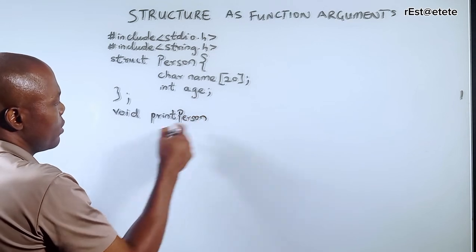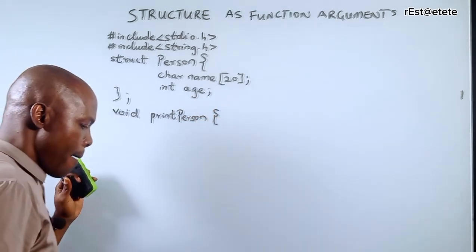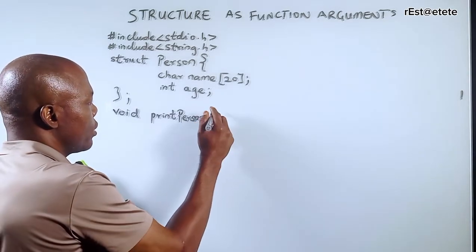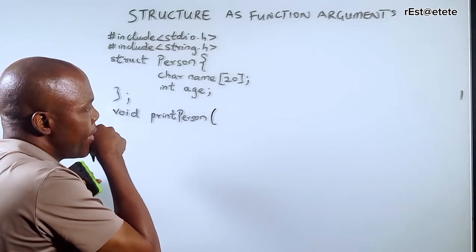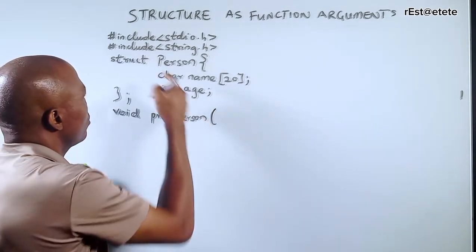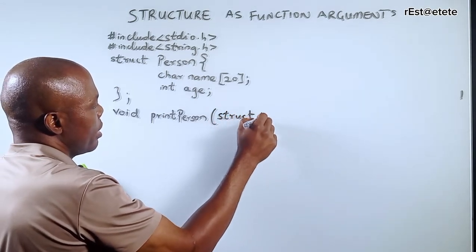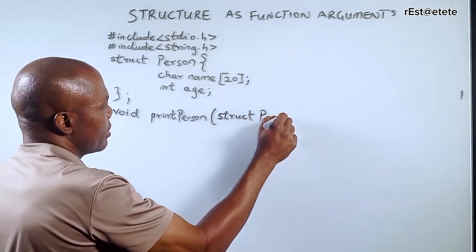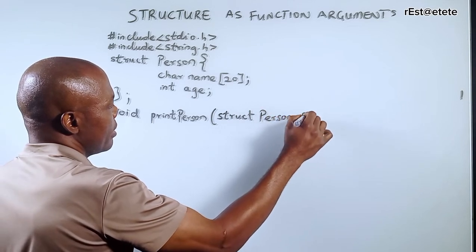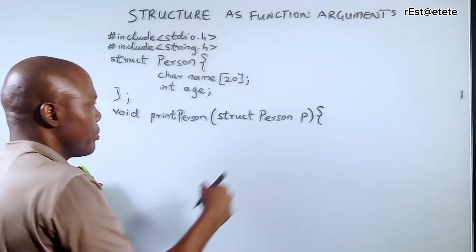That is the name of my function. This function is going to accept the variable of the structure. So it will accept struct person, and the variable will be p.